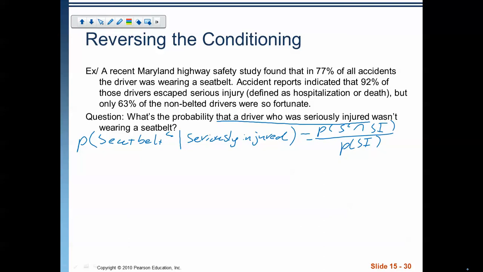This is what we're trying to find: seatbelt complement given seriously injured, which is probability of seatbelt complement and seriously injured over probability of seriously injured.